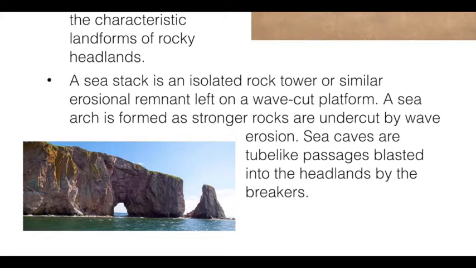You can also see some arches formed as the water on both sides continuously carves into that rock, and you can get sea caves, which don't go all the way through, where the sea is blasting in and carving into a cliff.